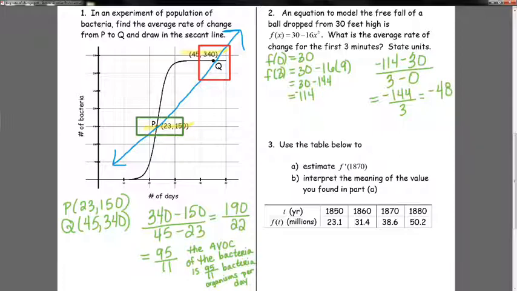And so let's answer in terms of the question. We're talking about feet, that's the units, and it's decreasing because it's falling. We're talking about minutes. So the average rate of change of the ball falling is 48 feet per minute.